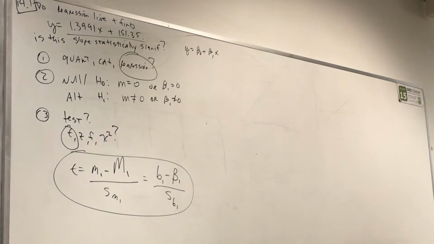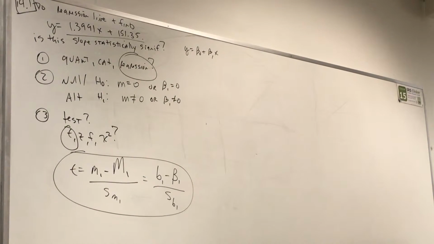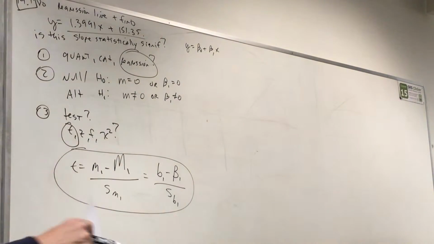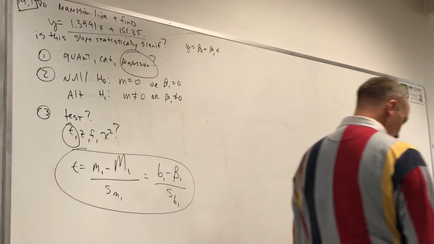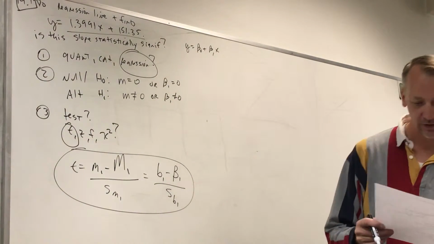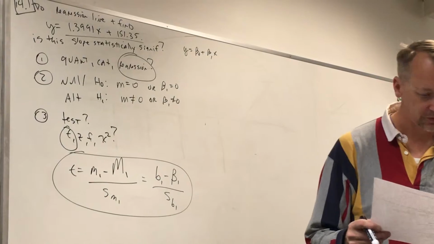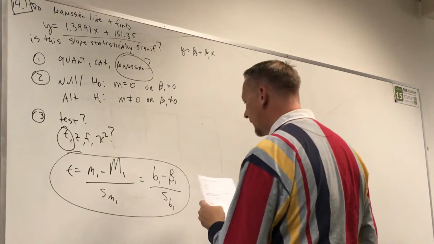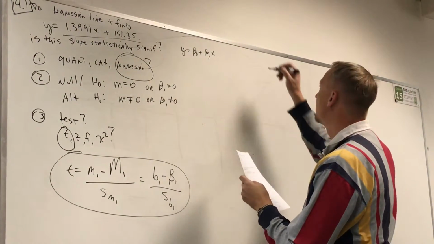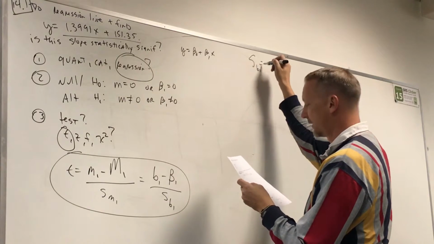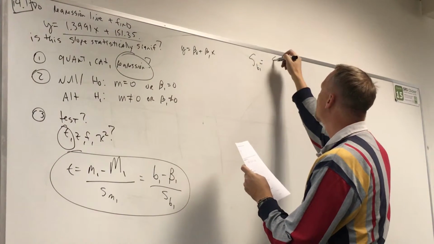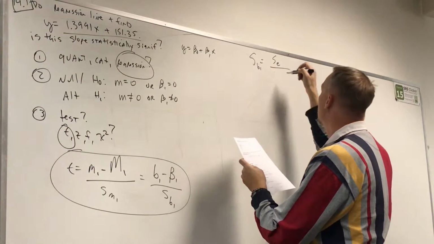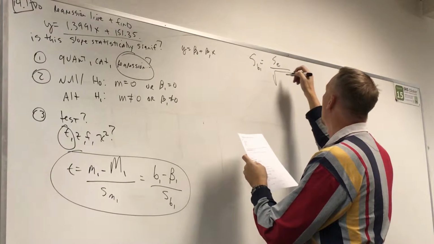Now the question is, we have to figure out what is the standard deviation of your slope. In order to find the standard deviation of your slope, you need to find S sub beta 1, which is S sub E over the square root of X.